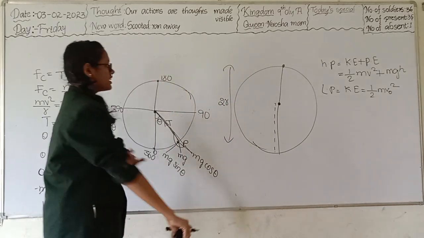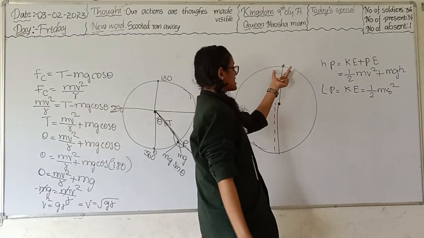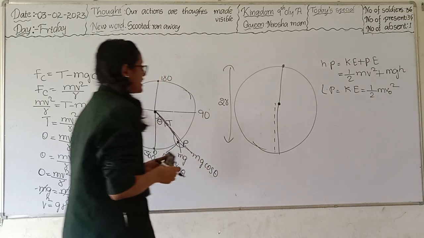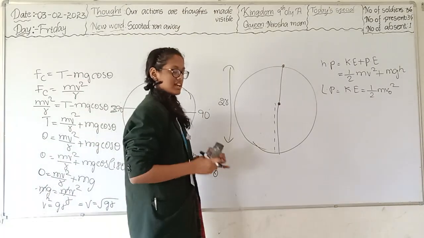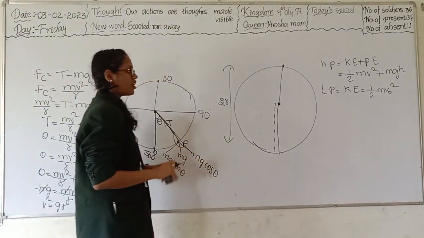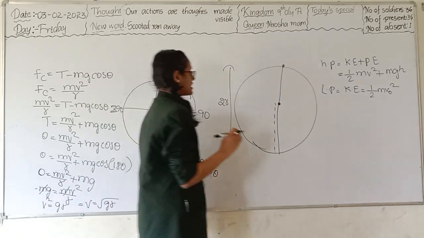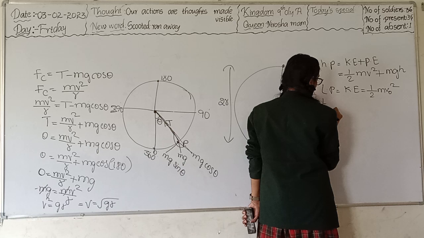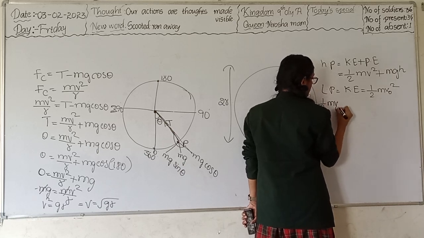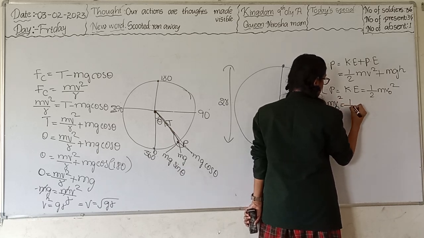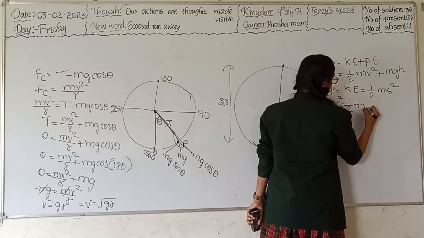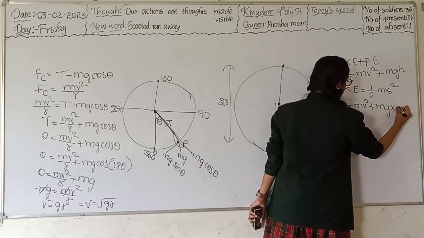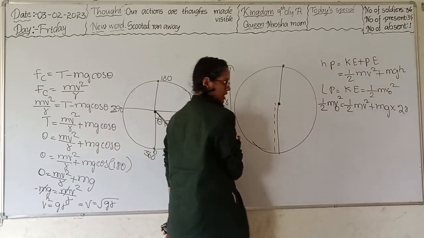As I already told you, at this highest point tension is 0 and the mechanical energy is conserved in the gravitational field. By applying the law of conservation of mechanical energy, we write half mv naught square is equal to half mv square plus mg into 2r, because the height is 2r.